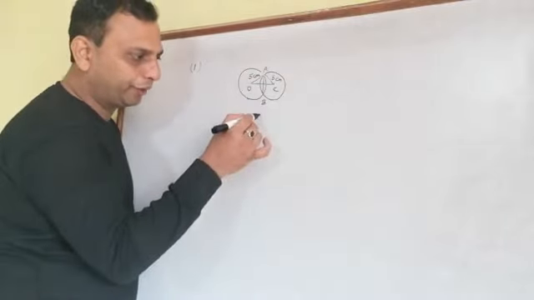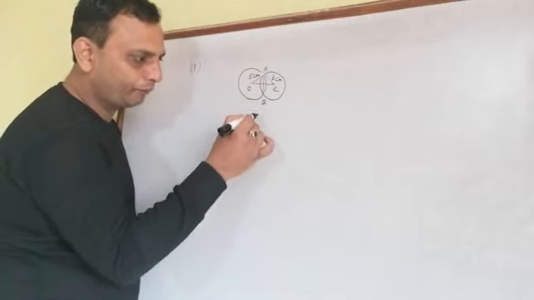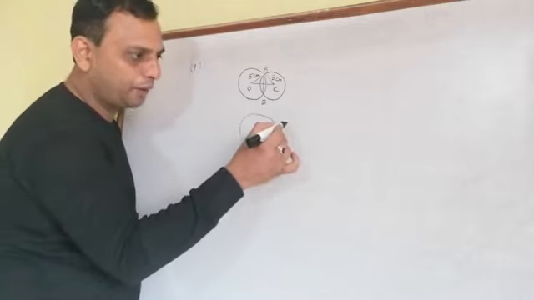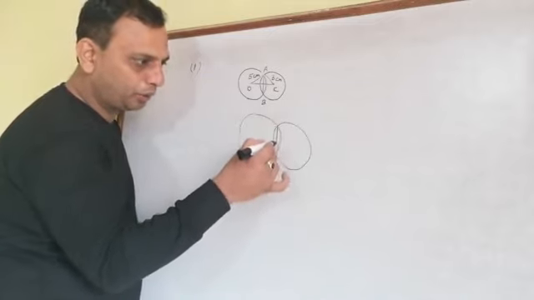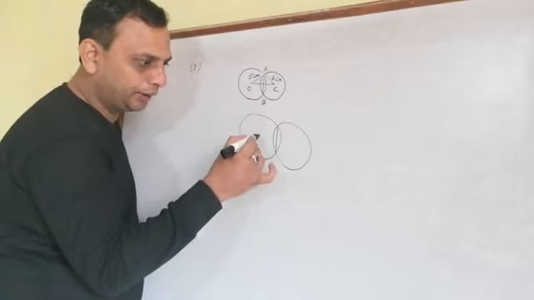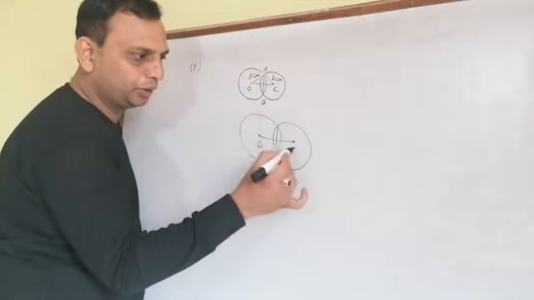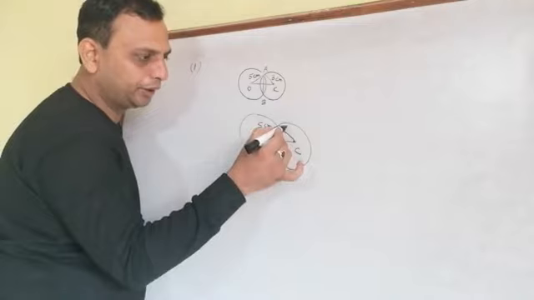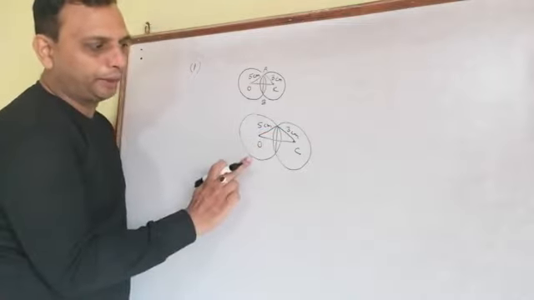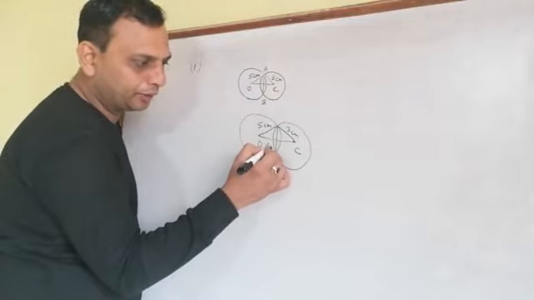So I am making this figure a little bigger. Suppose this is the circle, this is the other circle, and we have the common chord, that is AB. This is O, this is C, and from O to A this is 5 centimeter, and from A to C it is 3 centimeter. This is the bigger circle, and this is the smaller. And O to C is given as 4 centimeter.